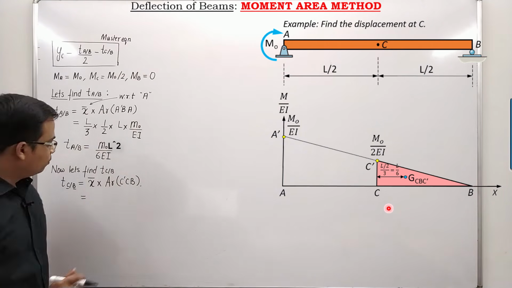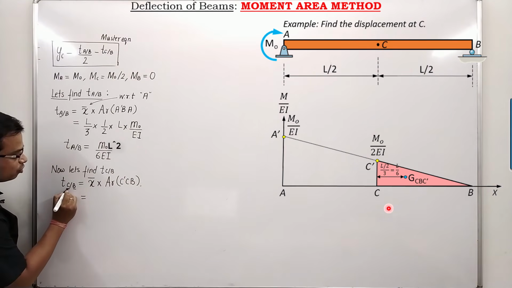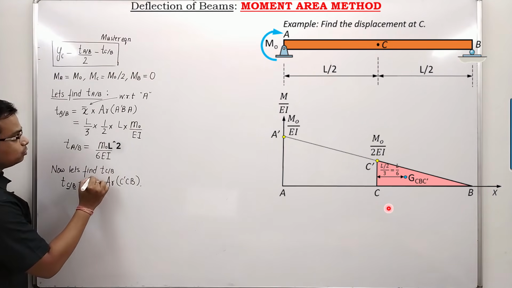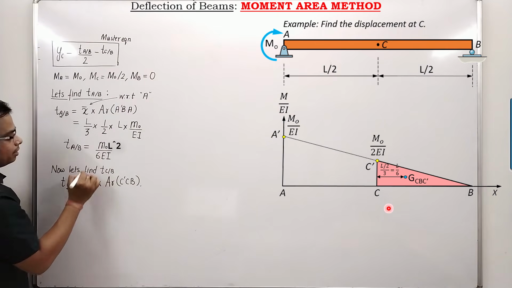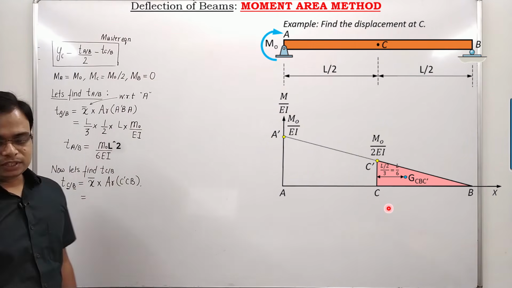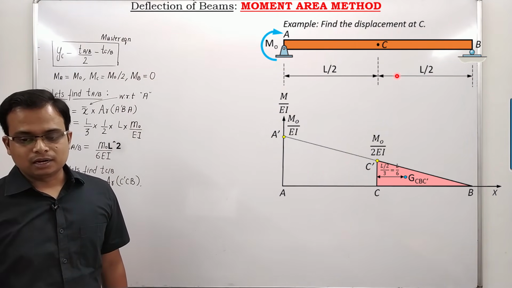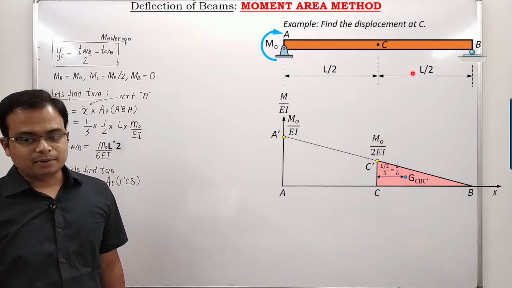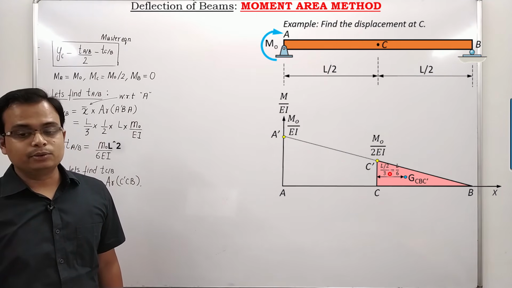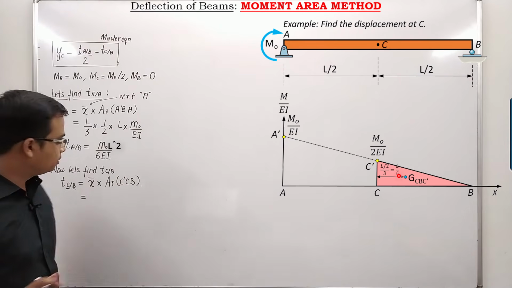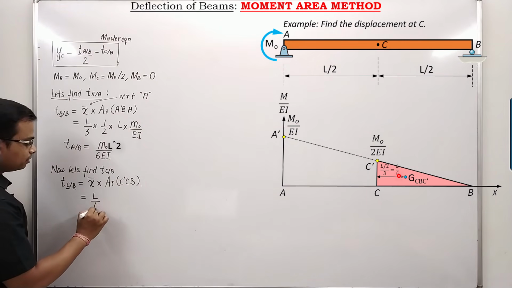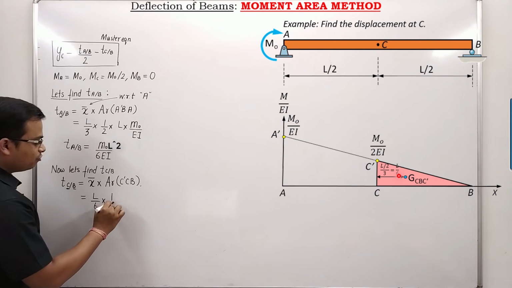X bar has to be measured with respect to C. Here it was with respect to A, here it is going to be with respect to C. So with respect to C, the distance is L by 3, remember, but this L has become L by 2. L by 2 divided by 3 would become L by 6. Fairly simple. L by 6 multiplied by area, which is half of base into height.